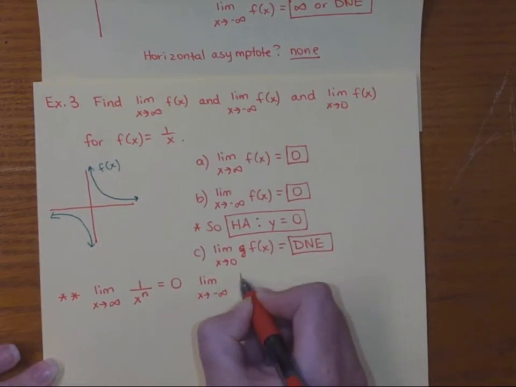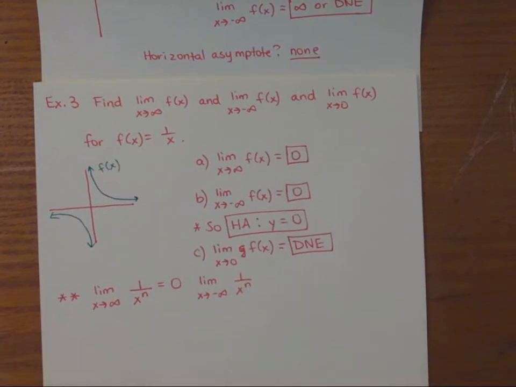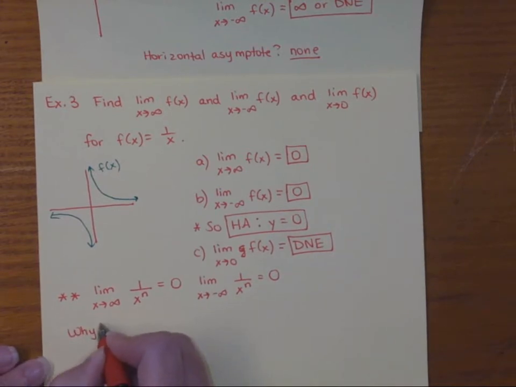And the same is true of the left side limit. If we have 1 over x to any power at all, the limit's always going to be 0. In other words, the horizontal asymptote would always be 0 in these cases. So I definitely want you to remember this, but let's talk about why.